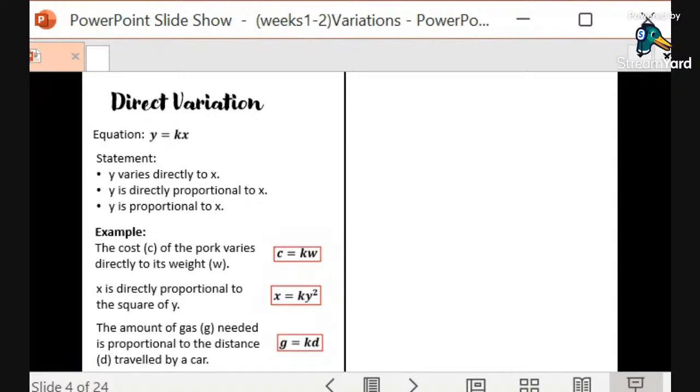Okay, so let's have a scenario again, no? The amount of gas needed is proportional to the distance traveled by a car. So ano ba ibig sabihin nun? So magbibigay ako ng scenario tas dudugtungan nyo lang, no? So syempre yan ay gas ng kotse, di ba? Syempre pag konti lang yung gas, so konti lang yung distance, no?